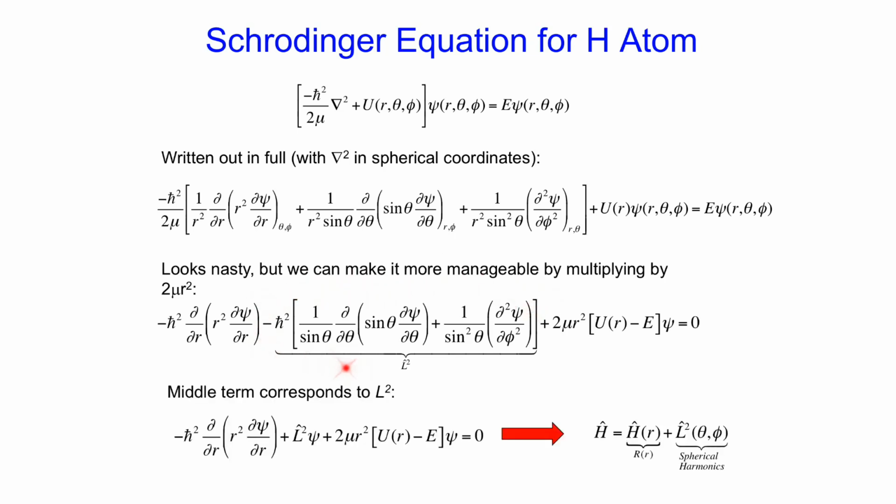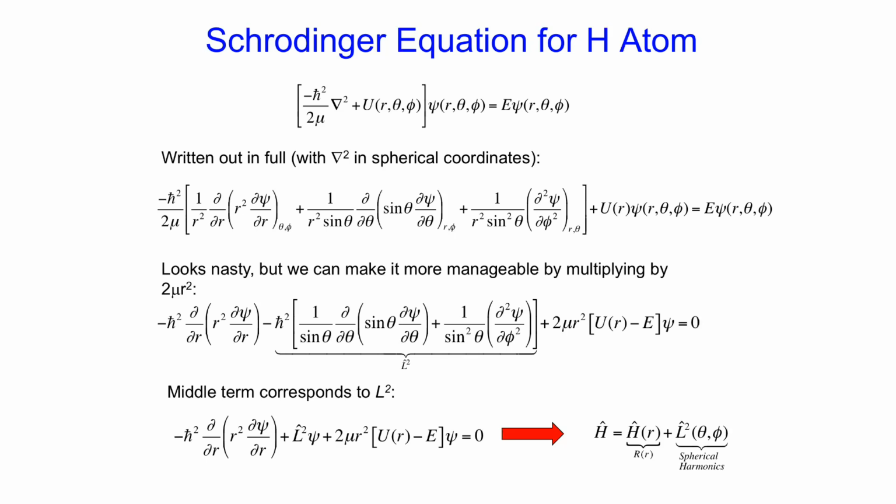This whole chunk right here in the middle is actually our total angular momentum squared operator that we've already worked with. So we can simplify our Schrodinger equation a little bit to this bottom equation here.